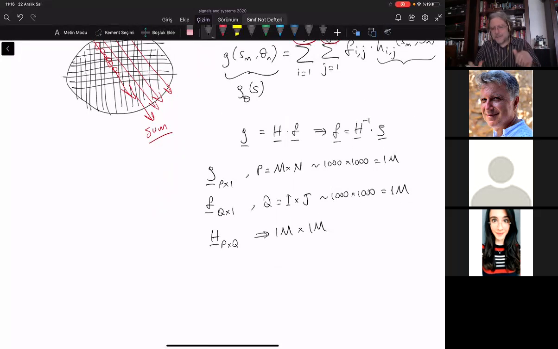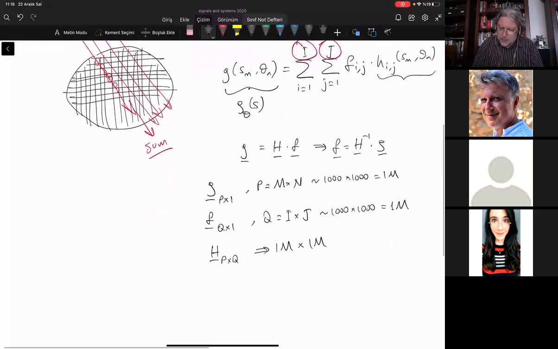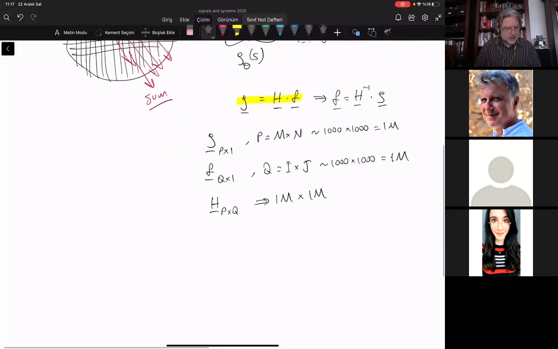So it's not feasible. But if you think of these as a set of equations, every row of this vector matrix equation will actually give you something like this.